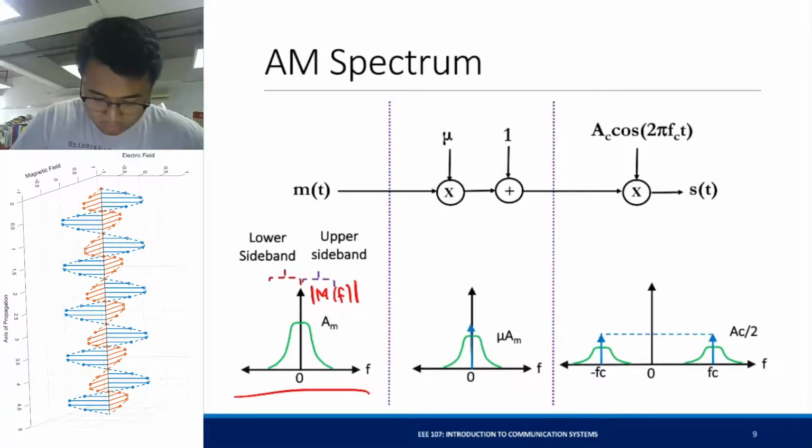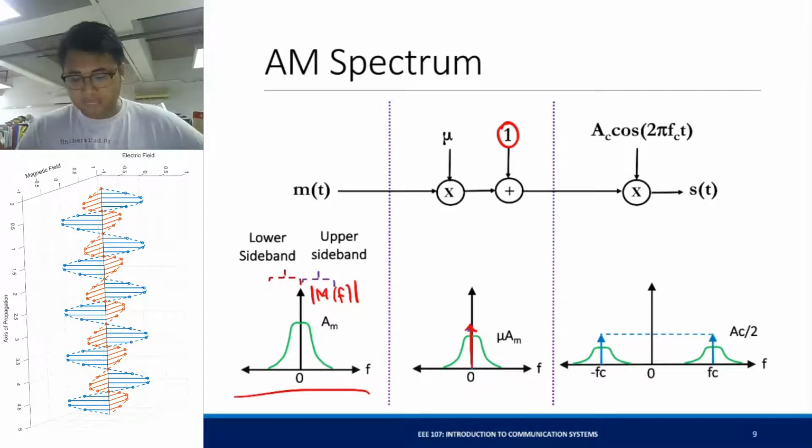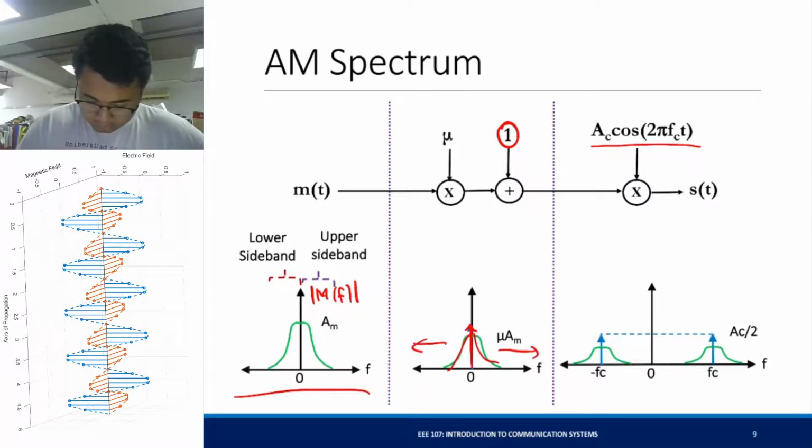And if you add 1, you have a DC component. Okay. And then when you multiply it with the carrier, AC cosine 2 pi fct, you're using the modulation property of Fourier transform. This will be split into 2, as you can see here. And this is now the spectrum of an AM signal.